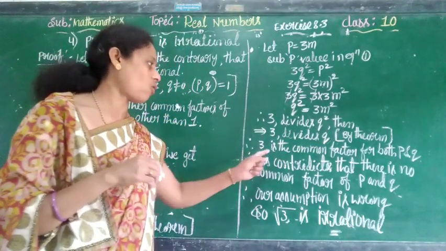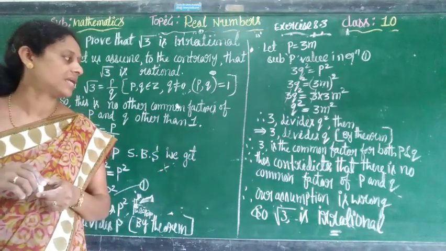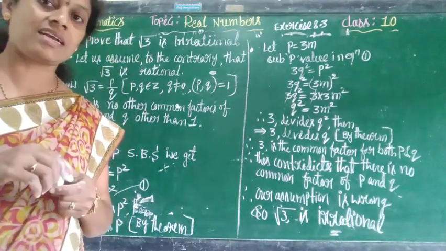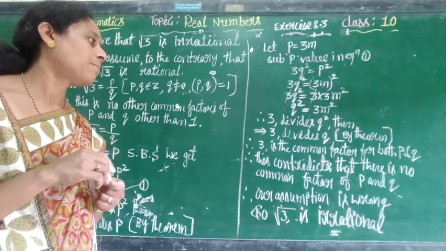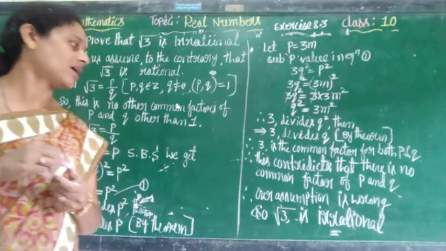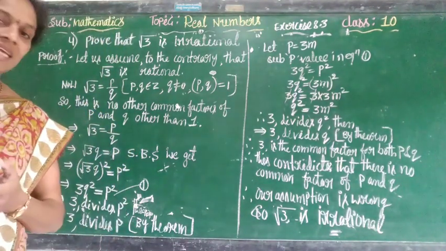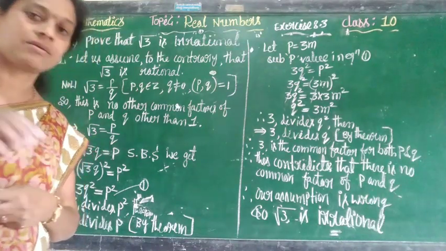Therefore, 3 is the common factor for both p and q. This contradicts that there is no common factor of p and q. So, our assumption is wrong. So, root 3 is irrational.